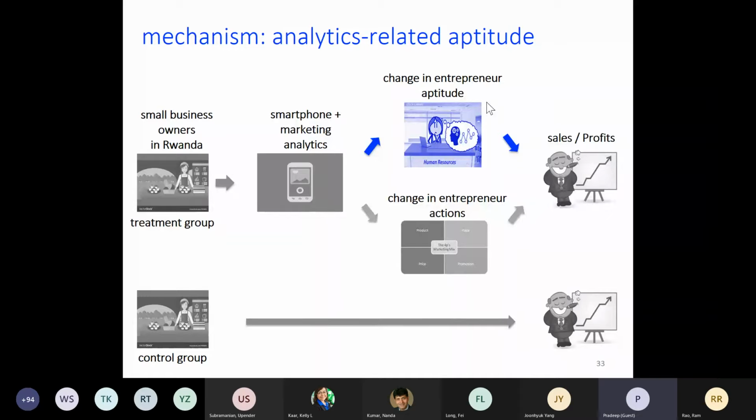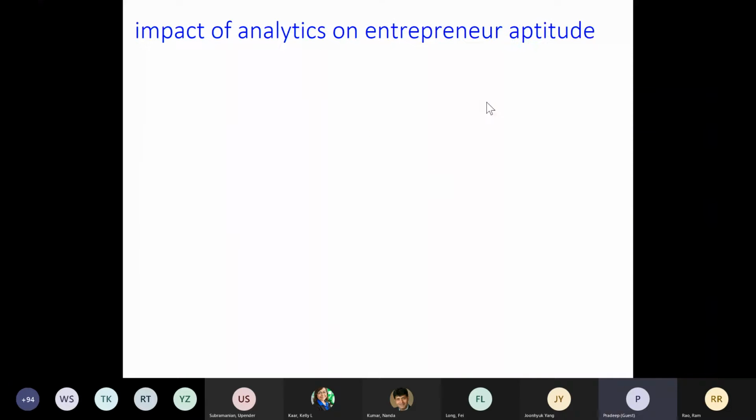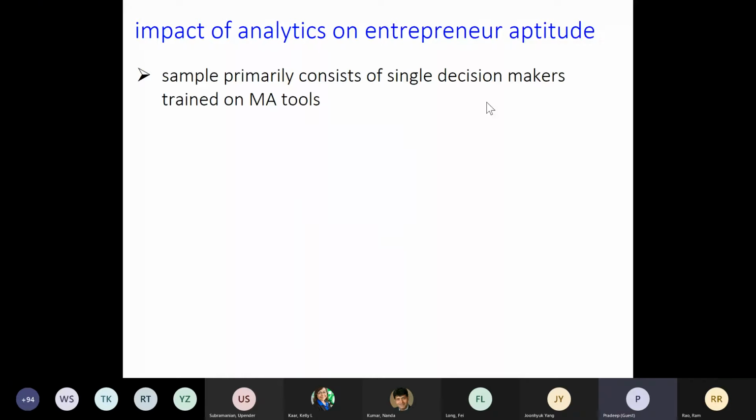Okay, and so we want to investigate each of these two routes by which the sales or profit improvement might have occurred. So the first thing we look at is the improvement of the entrepreneur's aptitude, if any, as a consequence of the marketing analytics tool.